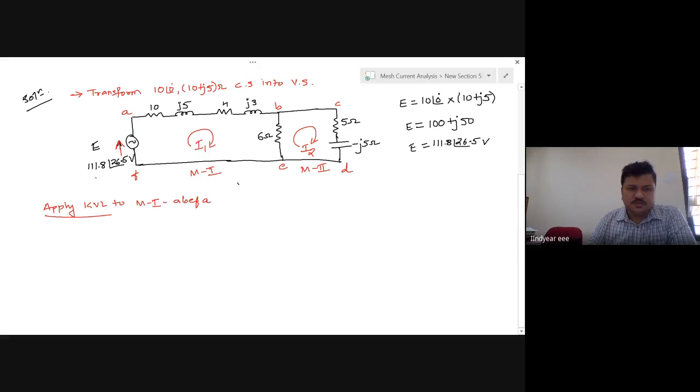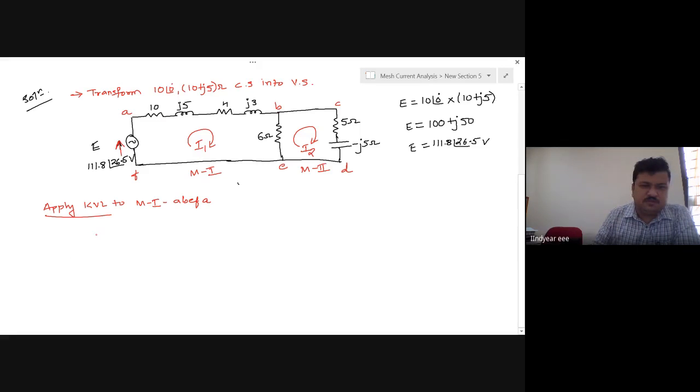So this is the source voltage, and all other voltages in the mesh or loop across passive elements are voltage drops. Generally, writing the KVL equation for AC is very easy because it is EMF minus the drops.